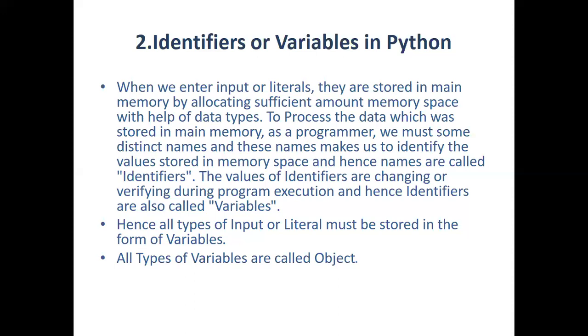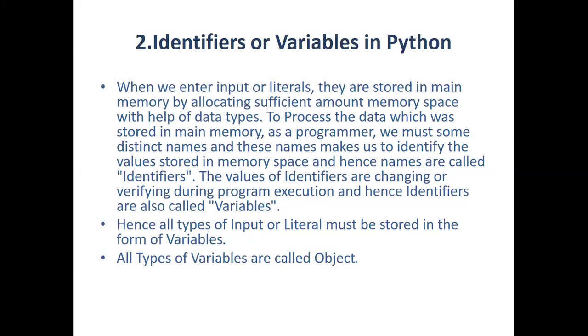These names, which help us identify the literals, are known as identifiers. The values of identifiers keep changing or varying during program execution, and hence identifiers are also called variables.